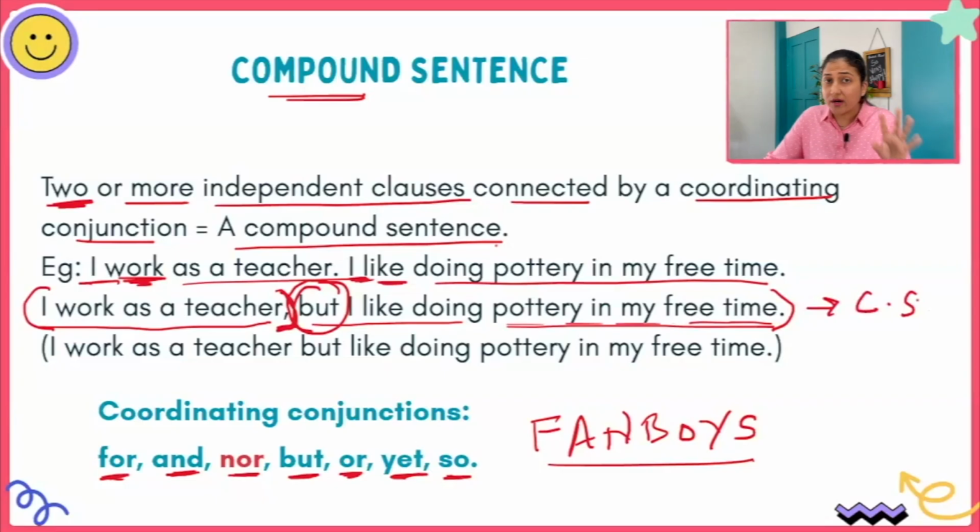Correct? So what are we doing? We are adding a comma after the first clause. Okay? That means whenever we are connecting two simple sentences with a coordinating conjunction, we have to use a comma after the first clause. Okay?